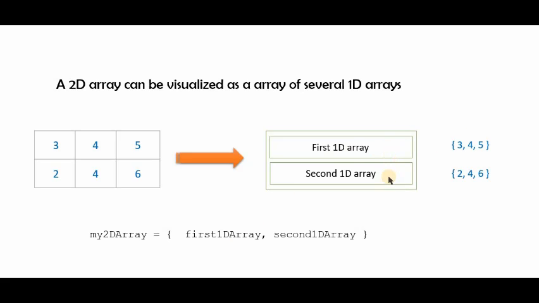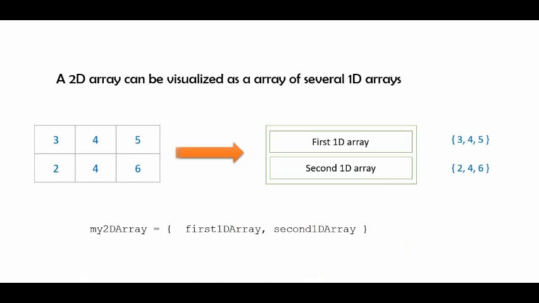The second element of that array is the second 1D array. So here we are going to replace it with the contents of the first 1D array and the second 1D array, resulting in int my 2D array equals the contents of the first 1D array, comma, the contents of the second 1D array.